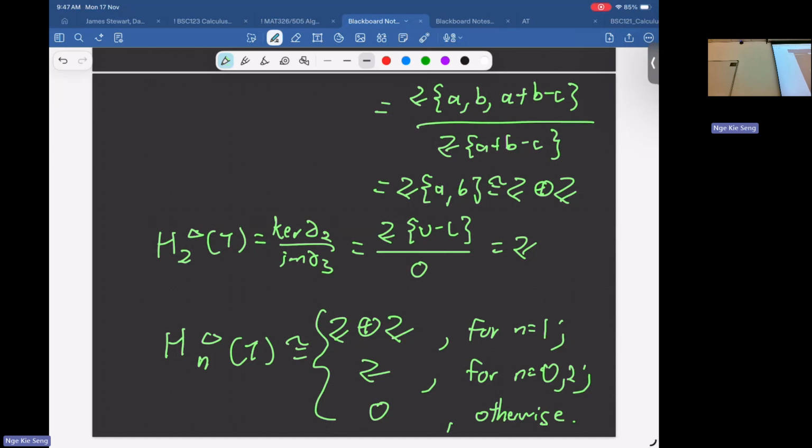And then the two-dimensional hole is the torus itself. The torus itself is two-dimensional.